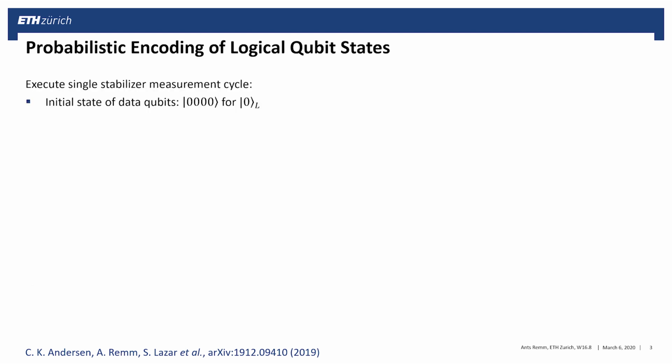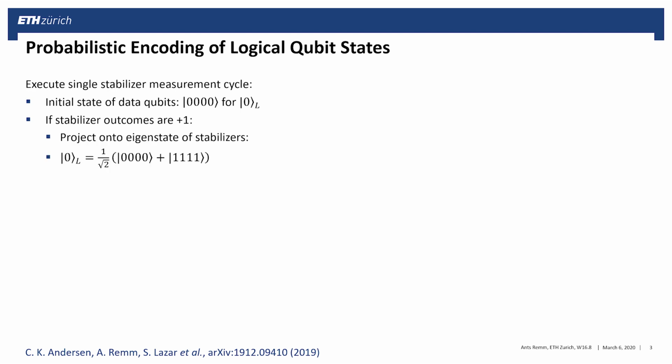Next, let's see how well we can prepare logical states using our scheme. To prepare the logical zero state, we start out with all the qubits in the ground state. Next, we run one full round of stabilizer measurements. If both the stabilizer outcomes were +1, then in the ideal case, we project our initial state to the logical zero state, which is the 4-qubit GHZ state.